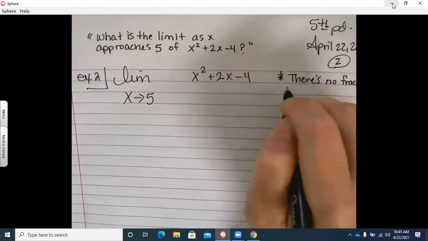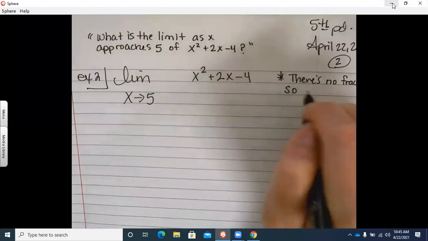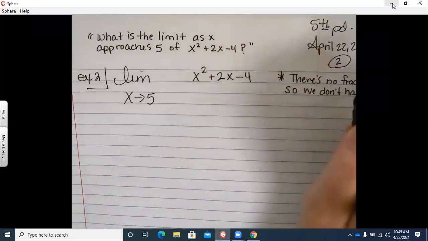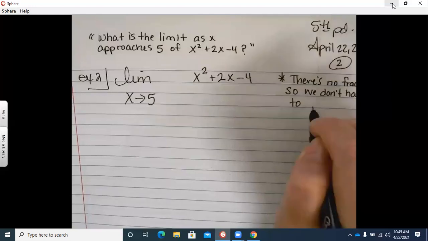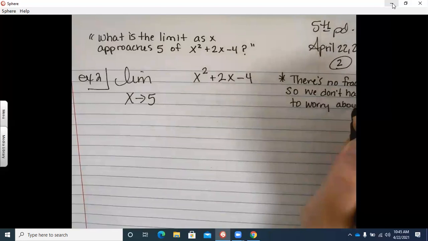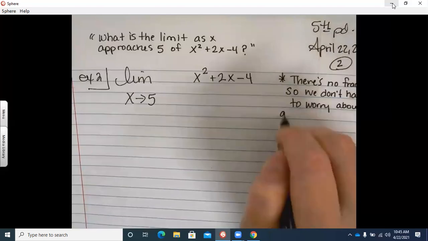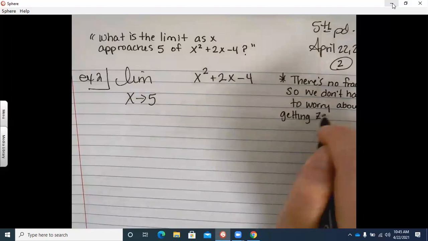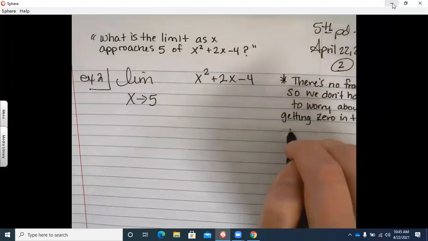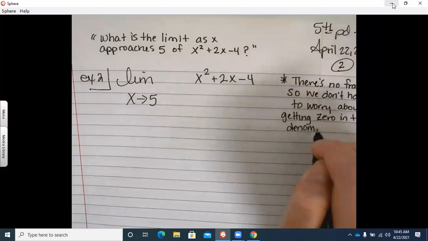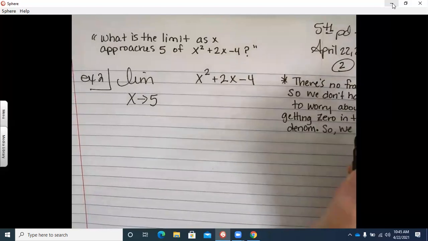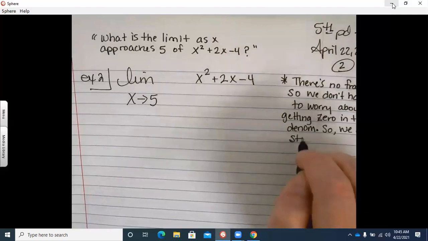So we don't have to worry about getting 0 in the denom, which I'm going to abbreviate denom. So we can start with direct substitution.